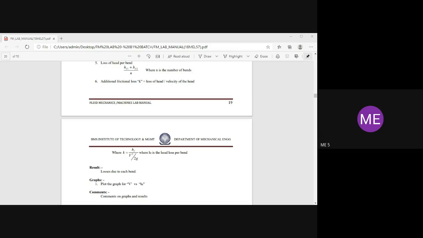Then the loss of head is HF1 minus HF2. Loss of head per bend is HF1 minus HF2 divided by 8. As shown in the figure, there are 8 bends.